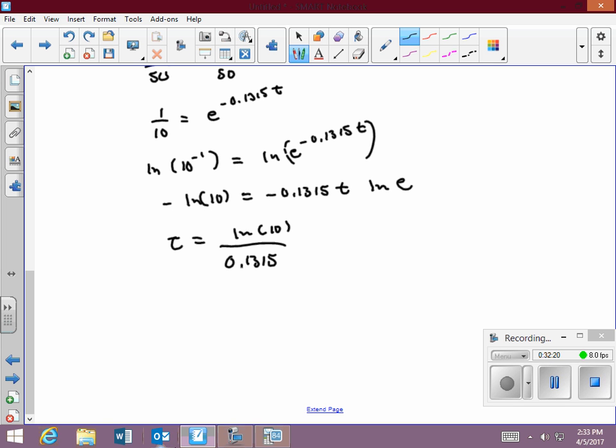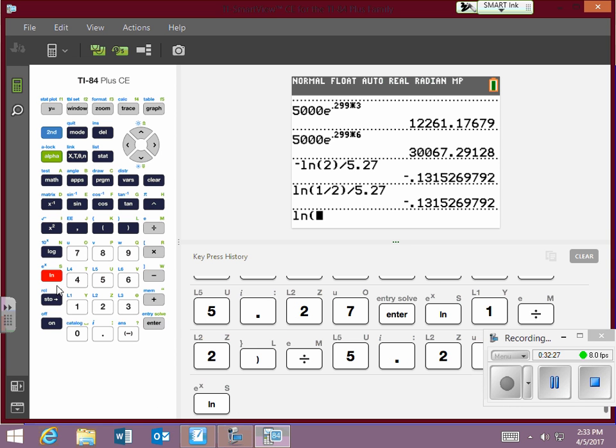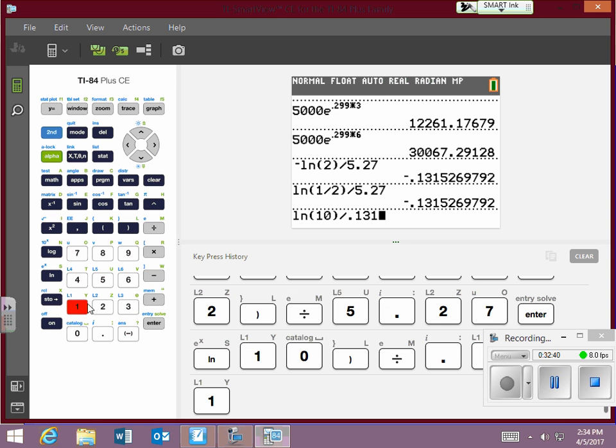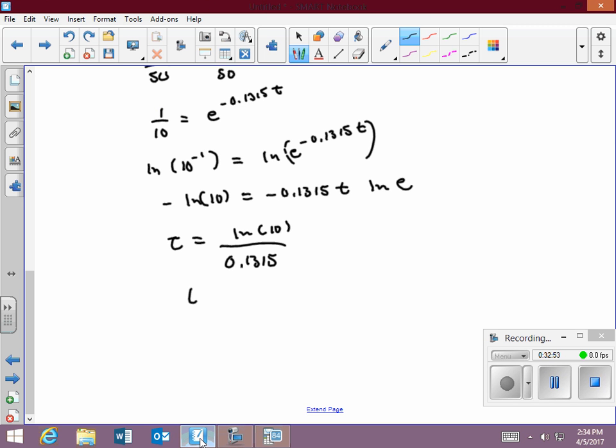So ln 10 divided by point, is it 1315? 17.5 years.